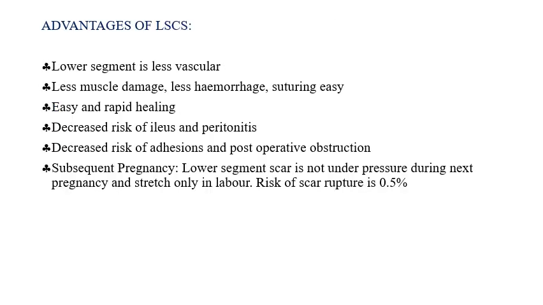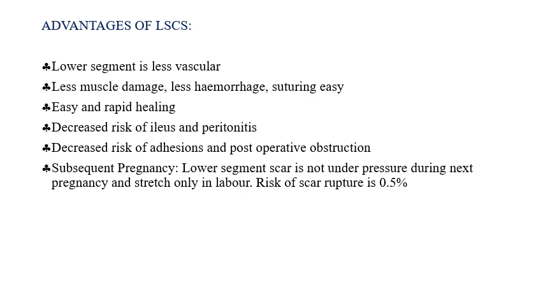What are the advantages of a lower segment cesarean section? The lower segment is less vascular. So hemorrhage is less, there is less muscle damage. Suturing is easy because the opposed layers are thin. There is easy and rapid healing.